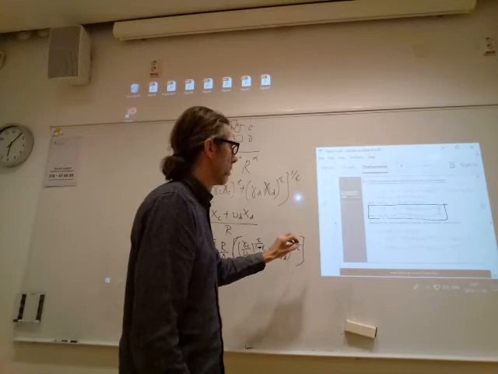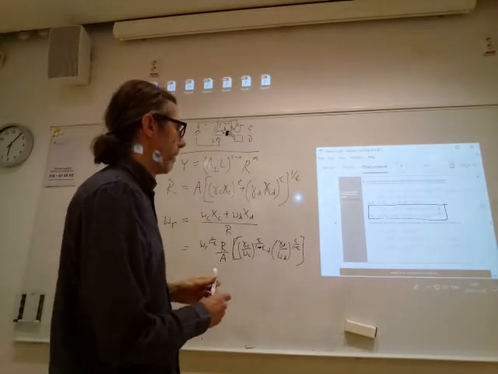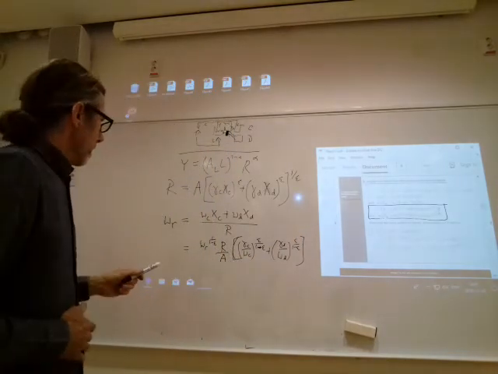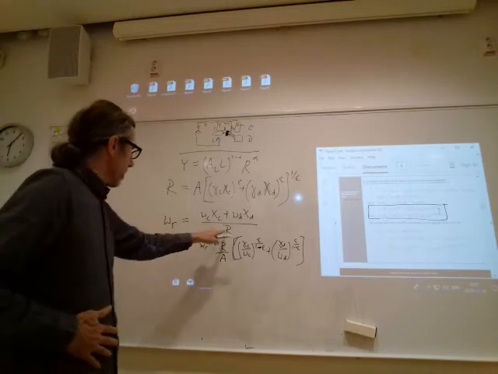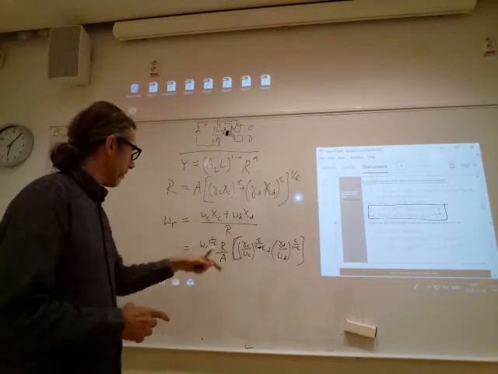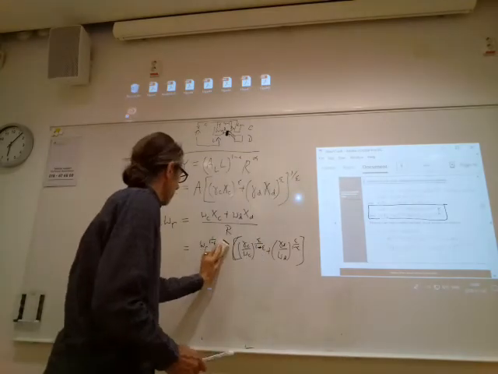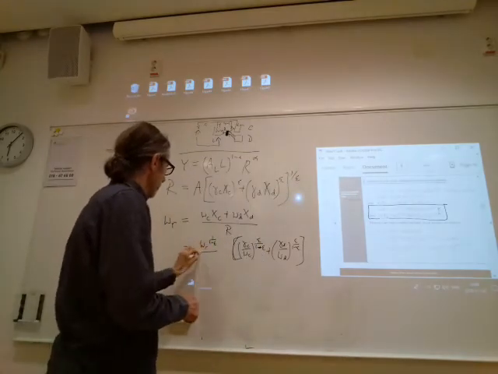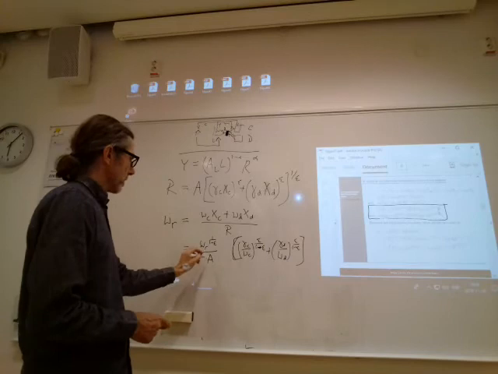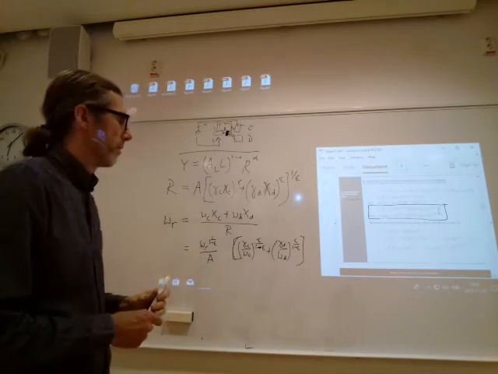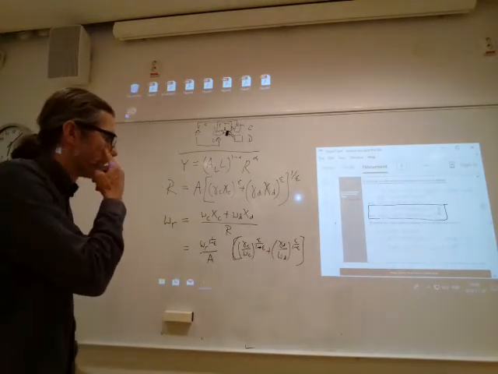That's the top line, and then we divide by R. So we end up with WR to the 1 over 1 minus epsilon divided by A times that.